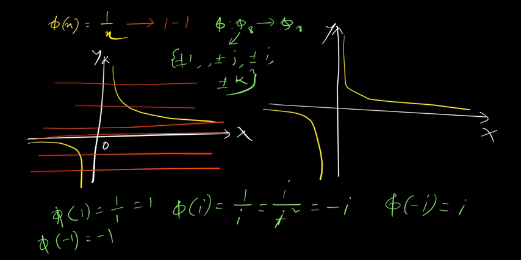So here the coordinate is 1 comma 1, the point is here.